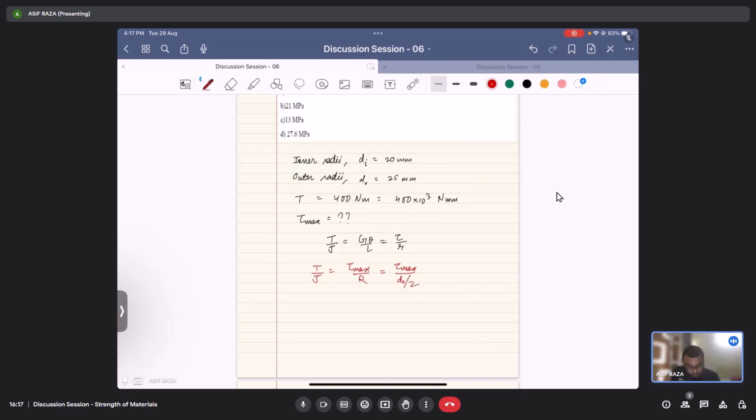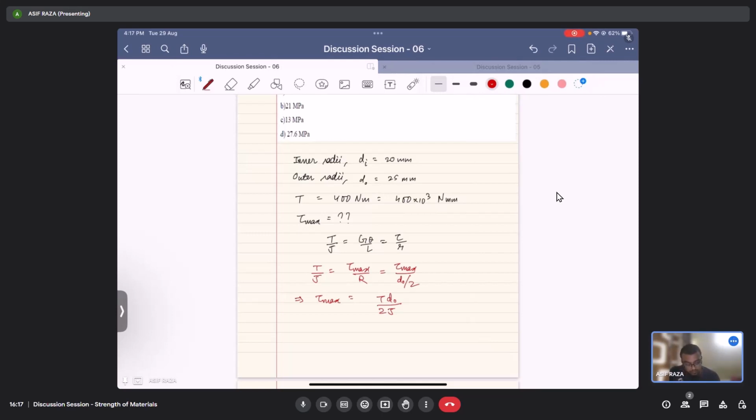So tau max would be equal to T d naught by 2J. Out of all this, everything has been provided.